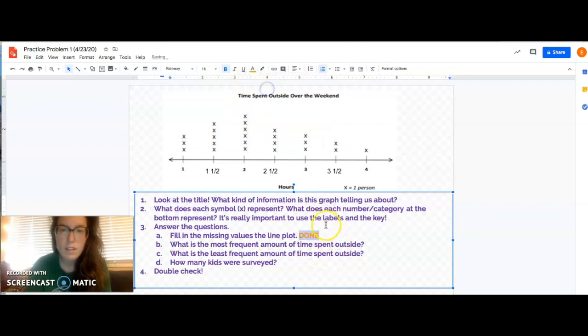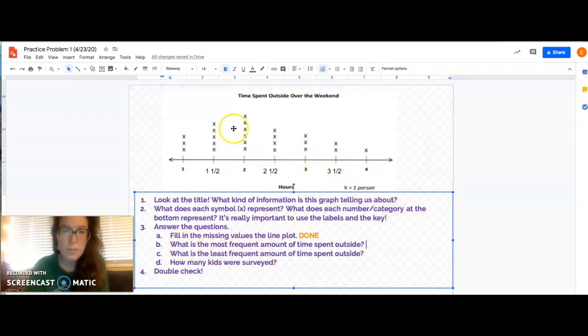What is the most frequent amount of time spent outside? Now, most frequent means I'm looking for the one with the most X's or dots, right? So the one that happened the most, or in this case, had the most people.